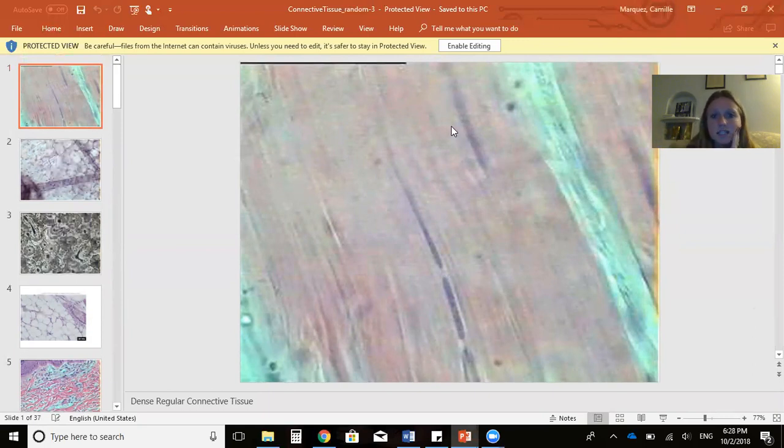So here is an example of your dense, regularly arranged connective tissue. These little things kind of look like nuclei to me, but they're not. These are going to be fibroblasts because they are in that dense, regularly arranged tissue, and mast cells are not in dense connective tissue.